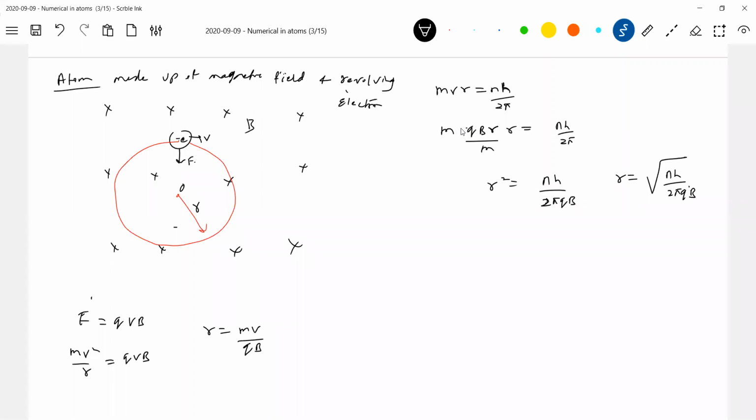Now, what about the energy, sir? From where will the energy come? Let's see. This revolving electron: if an electron flows like this, current I will flow here, and this current I flowing will have a magnetic moment. So what is the dipole moment? I'll write M_B here, because capital M you may confuse with the mass. This should be equal to I times pi r squared. What is I? Charge of the electron divided by the time period. And what is the time period? 2 pi r by v. Or shall we write it as 2 pi m by Bq, because we know many things.